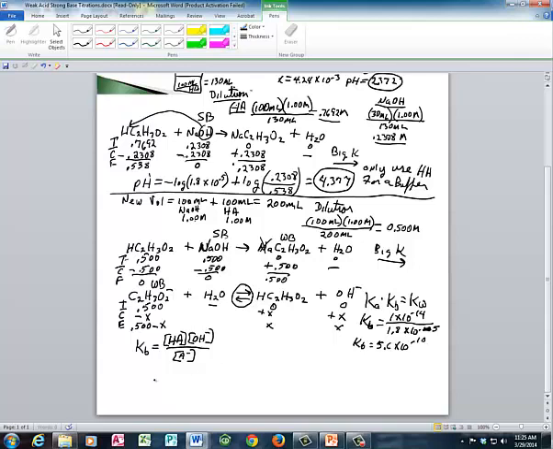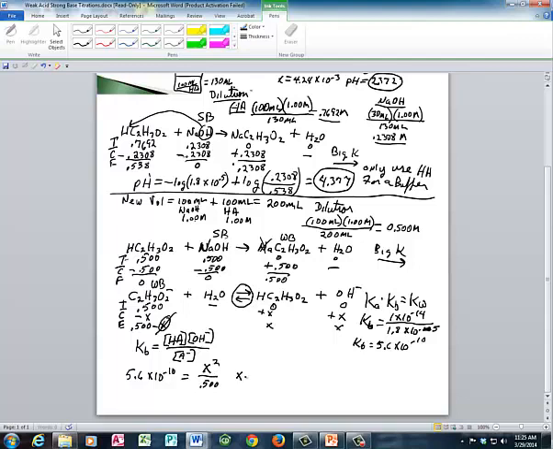So I'm going to go ahead and plug that in and solve for the OH concentration. So this will be 5.6 times 10 to the minus 10 is equal to x times x, which is x squared, divided by, and again I'm assuming that that x is small, 0.500.